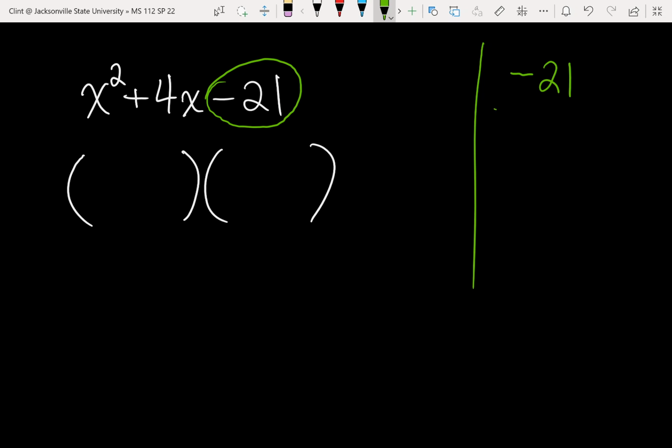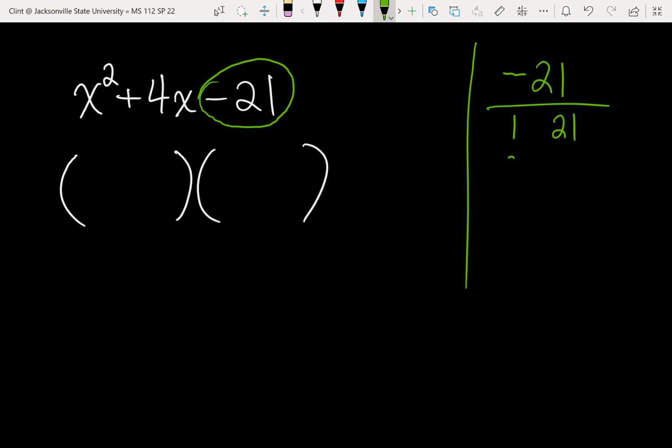So when we're listing out our factors, we don't have too many here. We've got 1 and 21, or 3 and 7. Remember what we're trying to get. We're trying to get positive 4 when we add them up, but also remember one of our factors has to be negative.